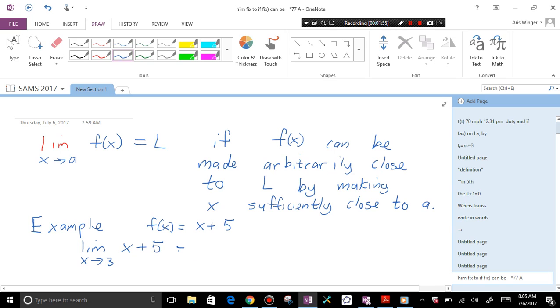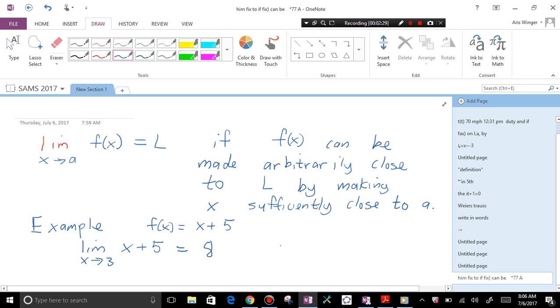The claim is that this number is, what is it? 8. Thank you. The limit as x goes to 3 of x plus 5 is 8. That's a claim. And so the way we would go about proving this is that we would say that we can make x plus 5 very, very close to 8, as close as we want to 8, by taking x close enough to 3, right?